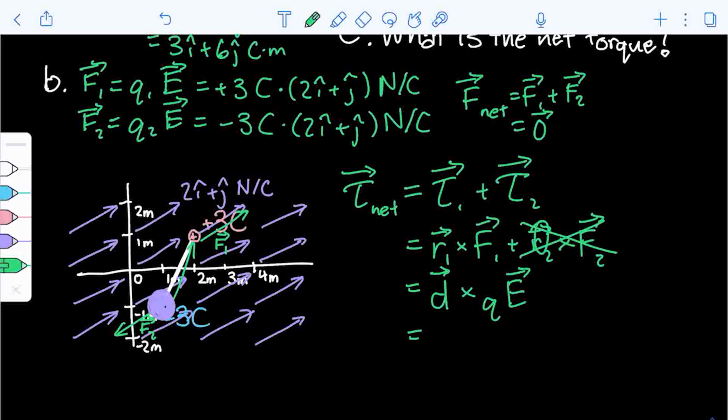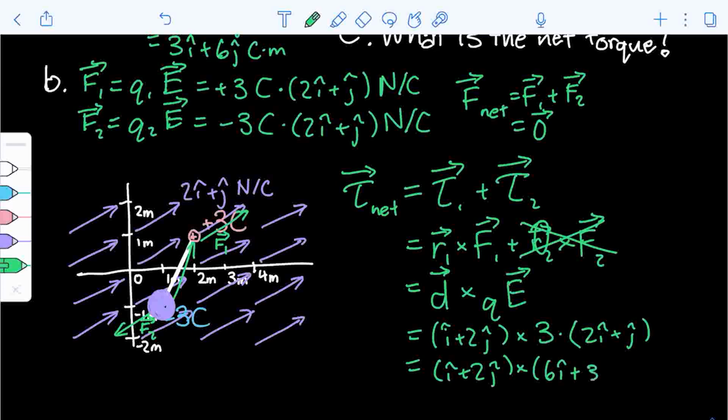So let's go through and calculate what this is. This is I hat plus 2j hat cross 3 times 2I hat plus j hat. This ends up being I hat plus 2j hat cross 6I hat plus 3j hat, which ultimately is negative 12k hat plus 3k hat, which is equal to negative 9k hat.